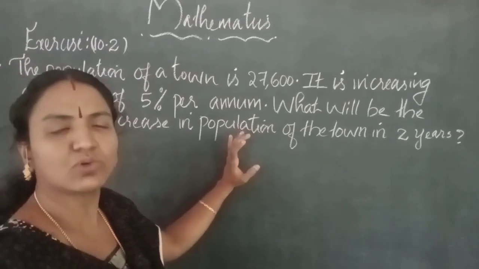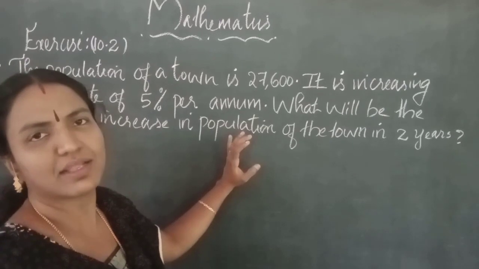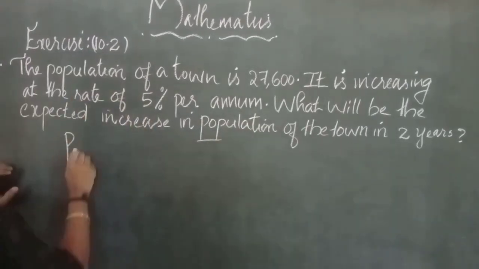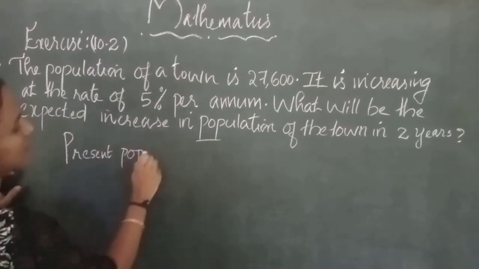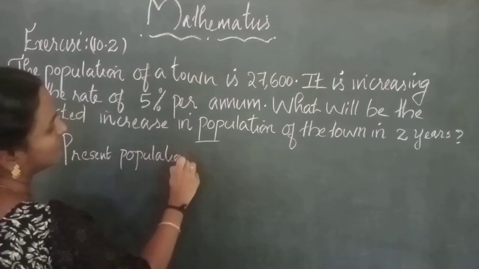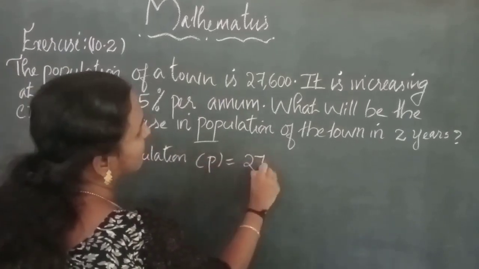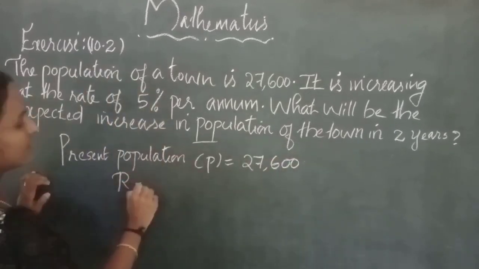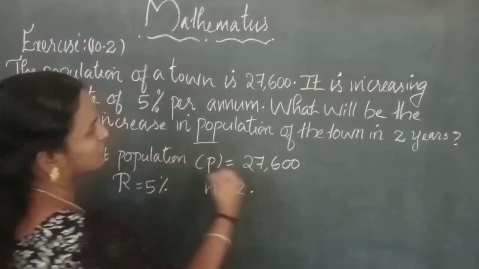So A is equal to, using the formula, P into 1 plus R by 100 the whole power n. Present population P is equal to 27,600. Then R is 5% and n is equal to 2.